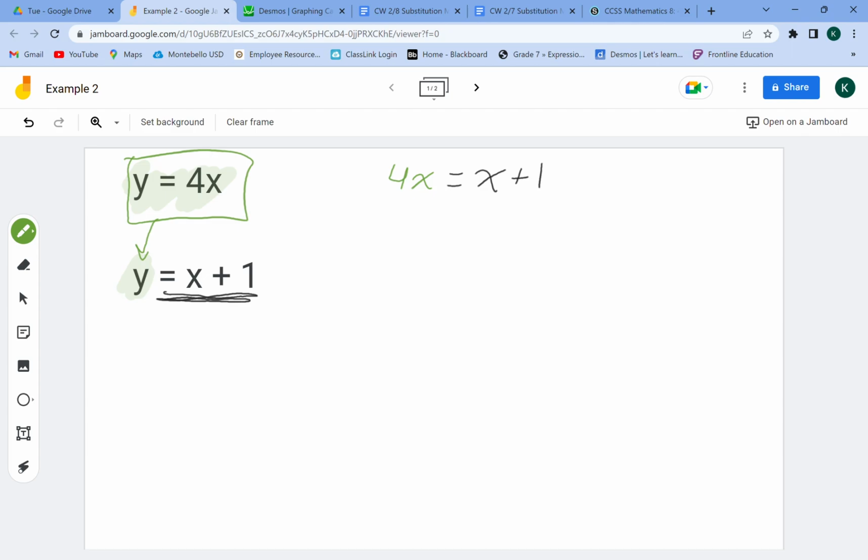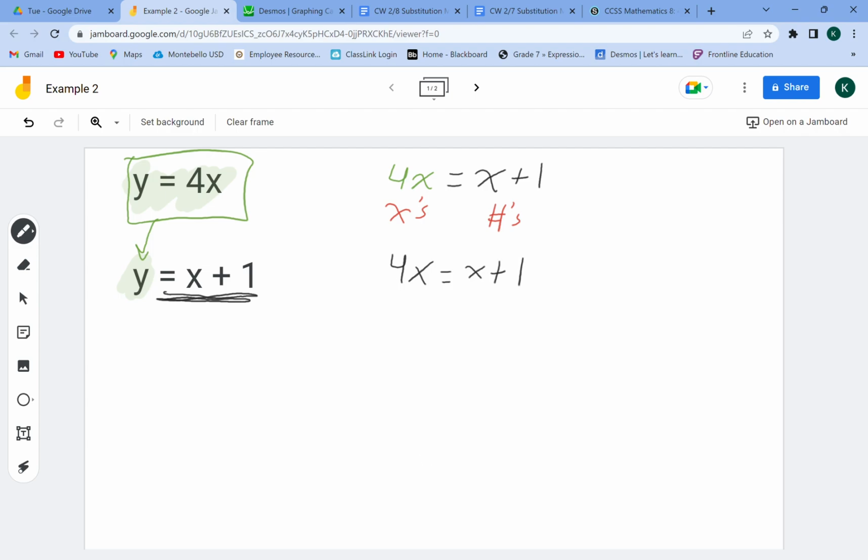Okay? Then I want to make a decision about where I want the x's and where I want the numbers. Notice that right here the x is already by itself, so it'll be easier to move this x over here. So I want the x's on this side and the numbers on this side. Let me rewrite it: I have 4x equals x plus 1.